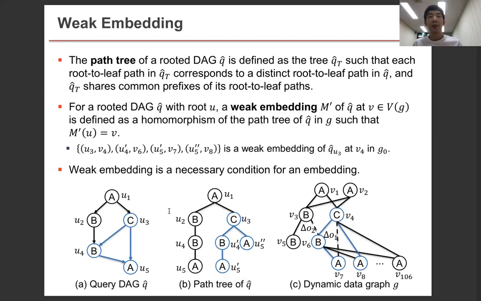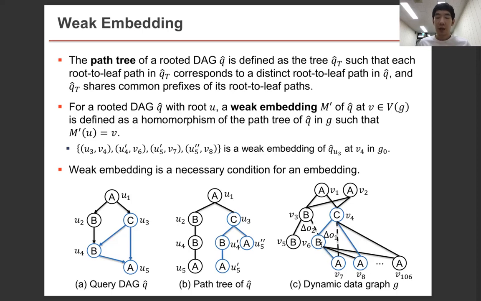The path tree of a rooted DAG is the tree such that each root-to-leaf path corresponds to a distinct root-to-leaf path in the DAG. Also, this tree shares common prefixes of paths. Now we can define a weak embedding of the DAG. A weak embedding of a DAG is defined as a homomorphism of the path tree of the DAG.